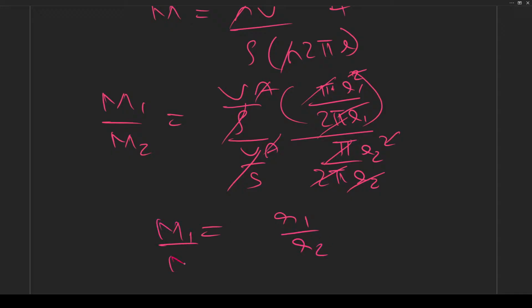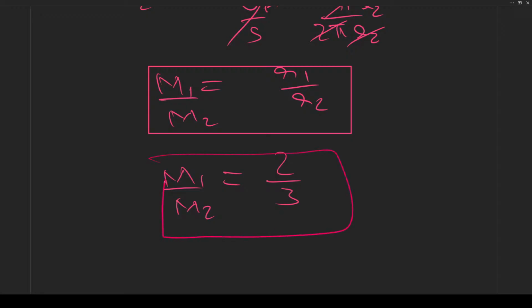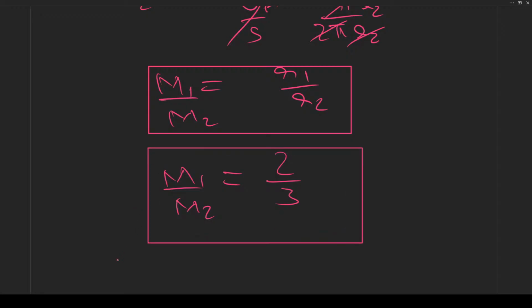M1 by M2 is equal to R1 by R2, which they gave as 2:3. Okay, then that will be the end of this video.